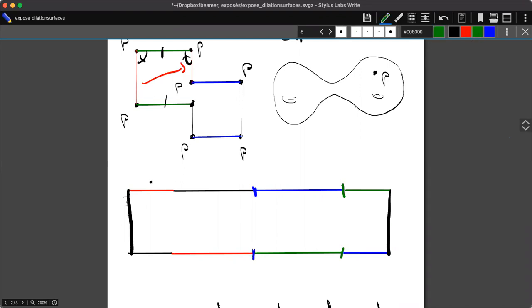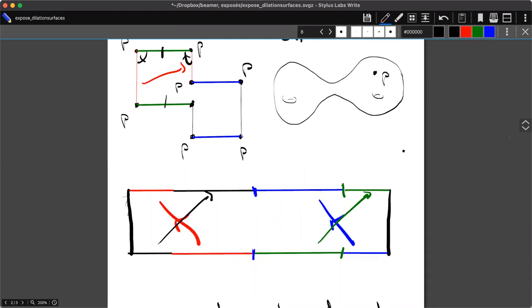I want to think of a polygon, but slightly different: the bottom and the top, the two segments, were divided by the lengths of the affine interval exchange, by exactly the colors that you can see in the picture. Now you can glue this polygon according to the colors of the pairing, and you will recover a surface, which is a dilation surface.